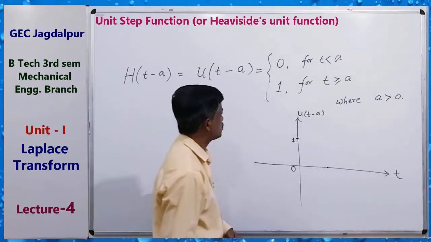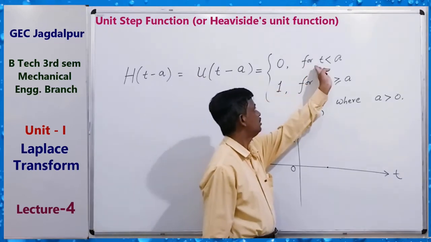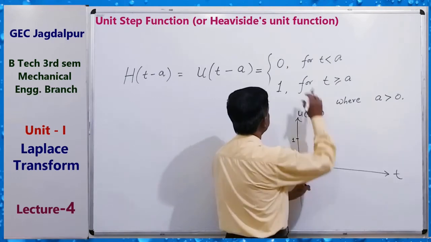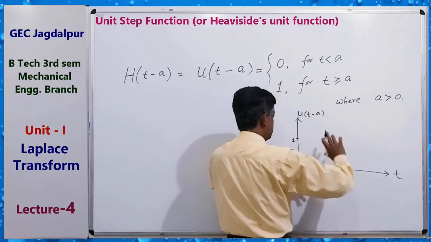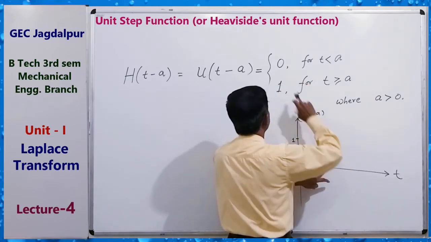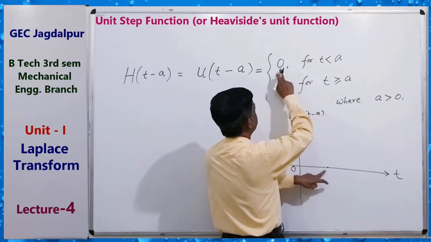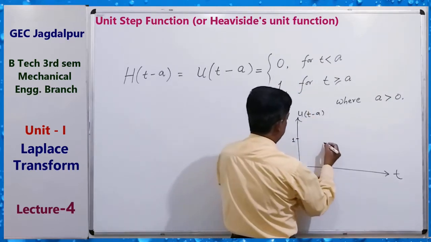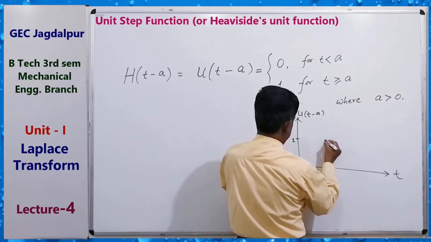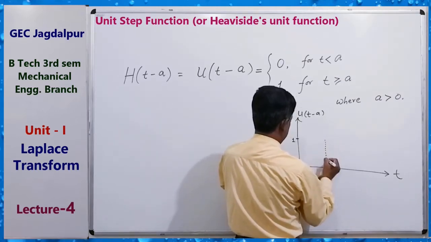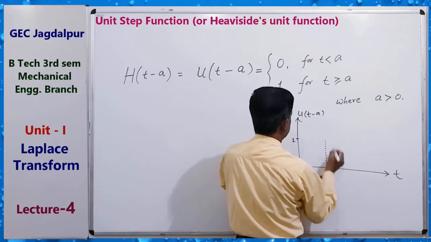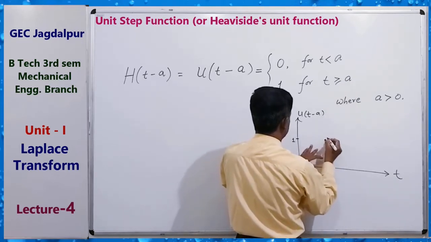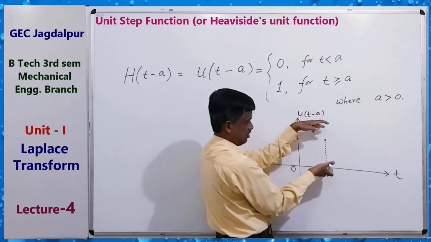So for t less than a, that is in this part, the value of the function is 0, and at a, the value of the function is 1.